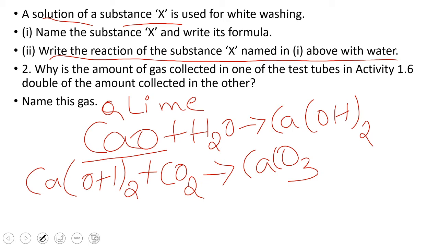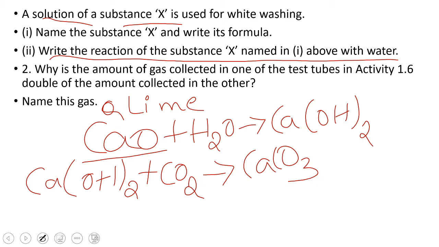Now the second question: in the electrolysis of water, electrolytic decomposition, water is decomposed into hydrogen and oxygen. Hydrogen was collected in one test tube, oxygen in another test tube.